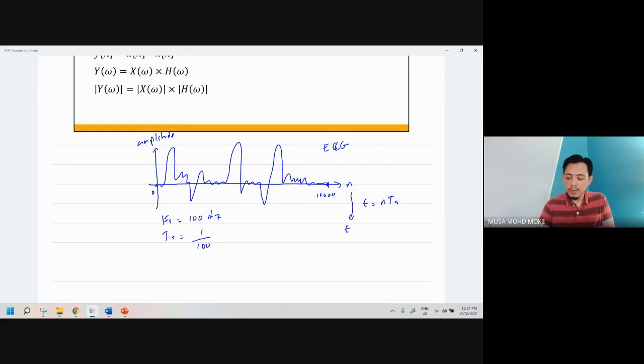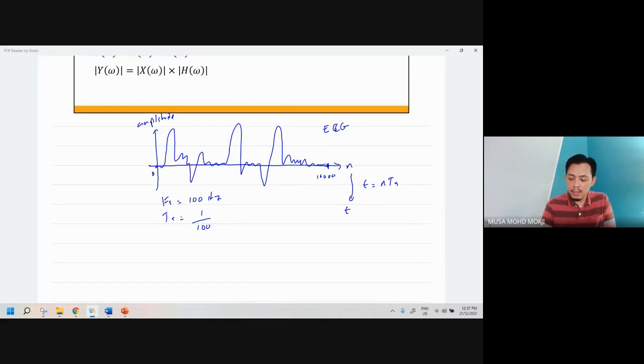Okay, then what is T? T is just this one, so you just convert that. T is equal to N/100. At 0, it will be 0 divided by 100. At 10,000, 10,000 divided by 100 is equal to 100, so this is equivalent to 100 seconds.